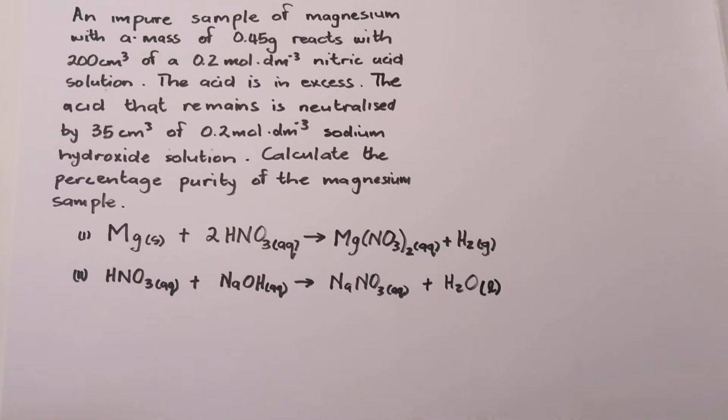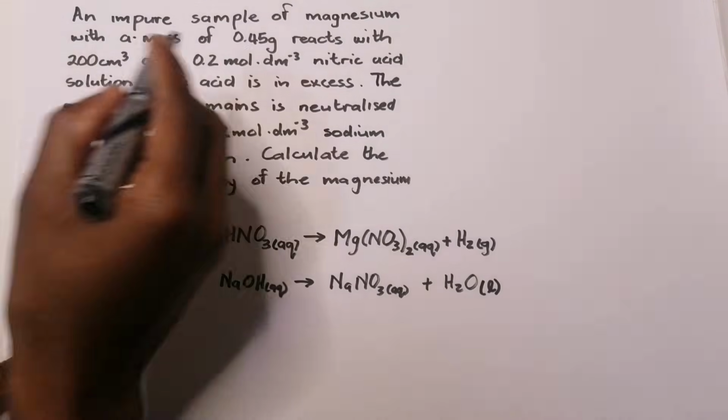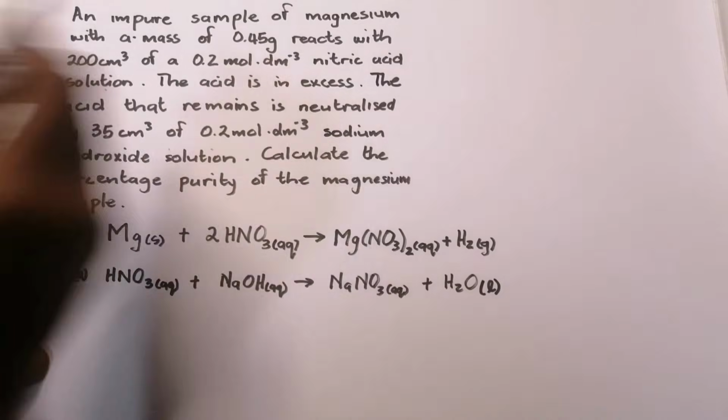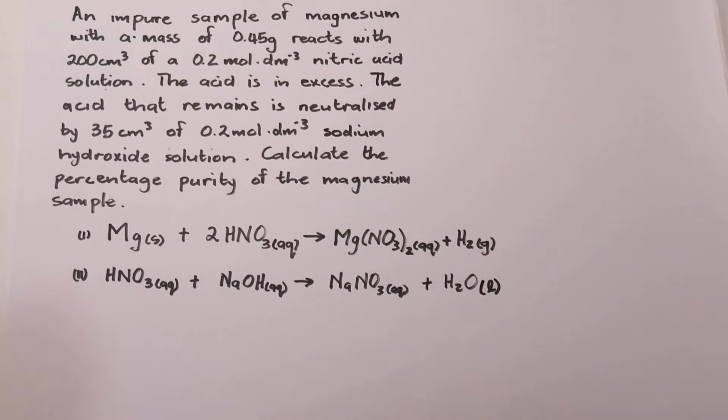Now, just like we did in our previous video on stoichiometry, you'll notice we had an impure sample, all right? And the issue with an impure sample is that as much as we're given that mass there, you couldn't use that mass because it will not react completely. Not all of it is actually made of the actual substance, okay?